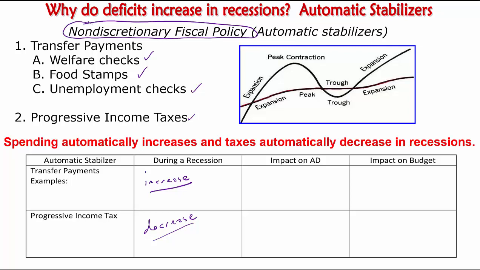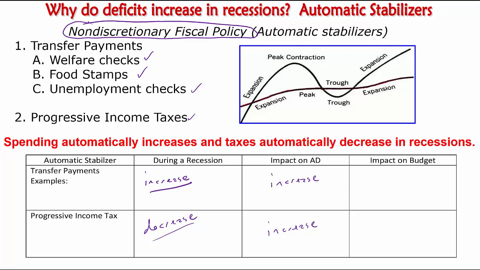All right, so during a recession, let's say the transfer payments increase, that's going to also increase aggregate demand. Okay, progressive income tax, those automatically decrease. That also will increase aggregate demand because less tax money is coming out of the economy, and so people have more to spend.